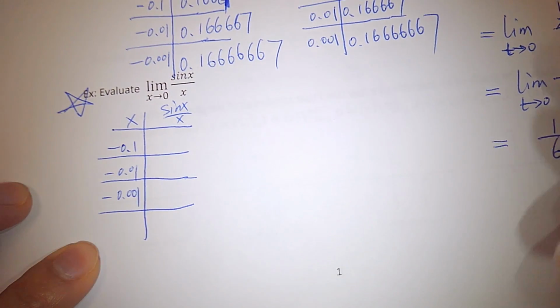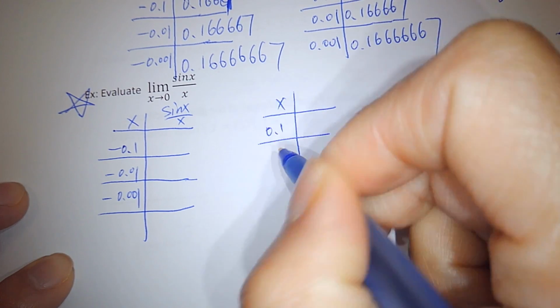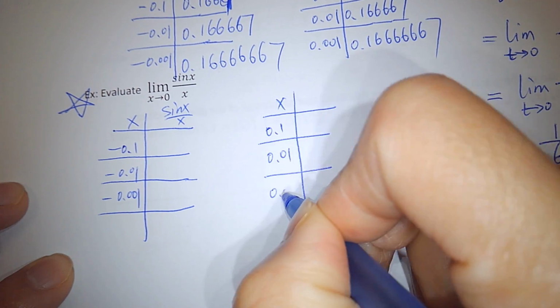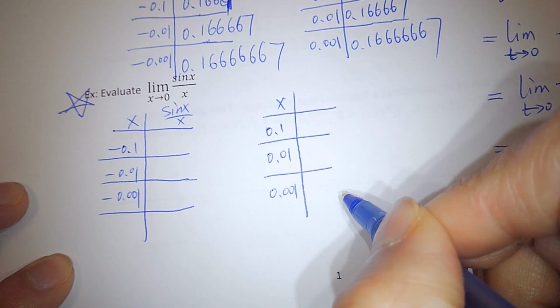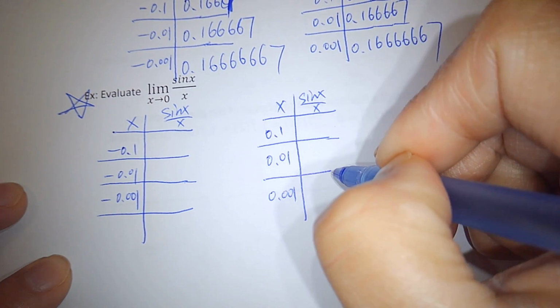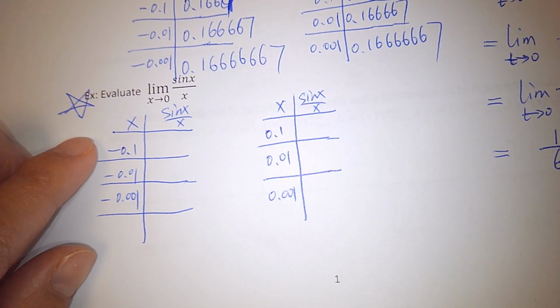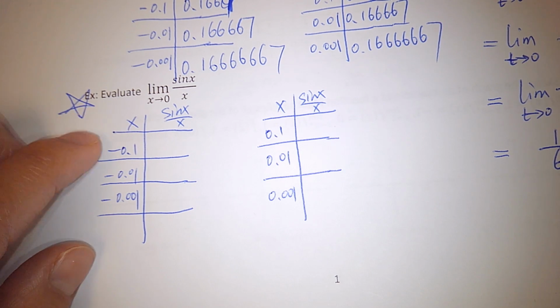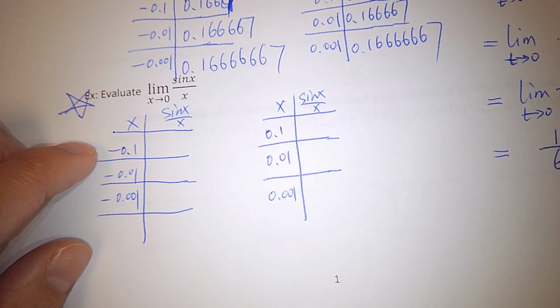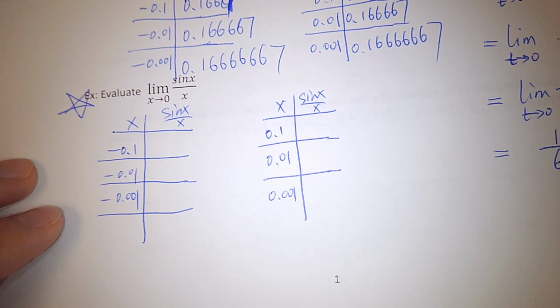You can also try positive values of x, 0.01, 0.001, or more, and then compute sin of x over x. It's very necessary for us to use our calculator. You need to have a calculator, because what is sin of negative 0.1 divided by negative 0.1?